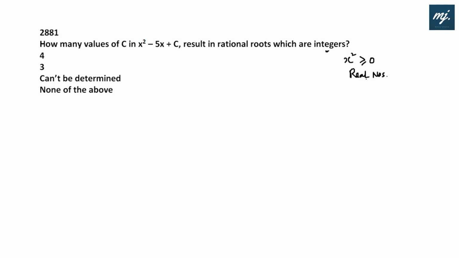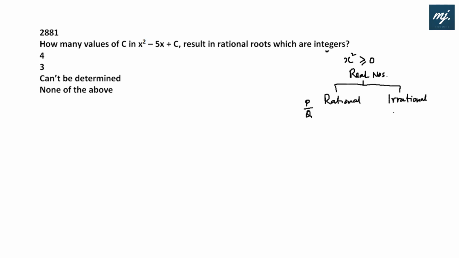Now real numbers are of two types: rational and irrational. Any number which can be written in the form p by q, where q is not equal to 0 and p, q are relatively prime to each other, is known as rational, otherwise it is irrational.